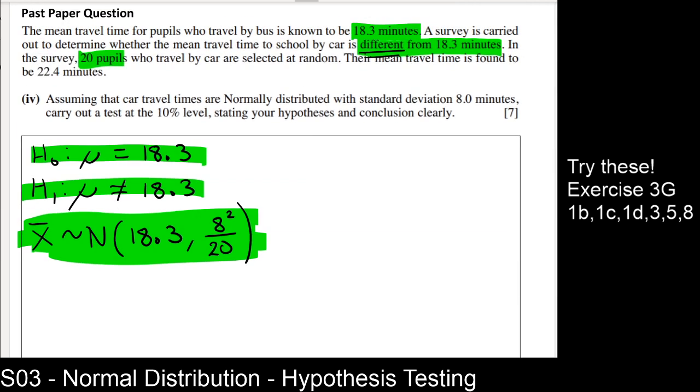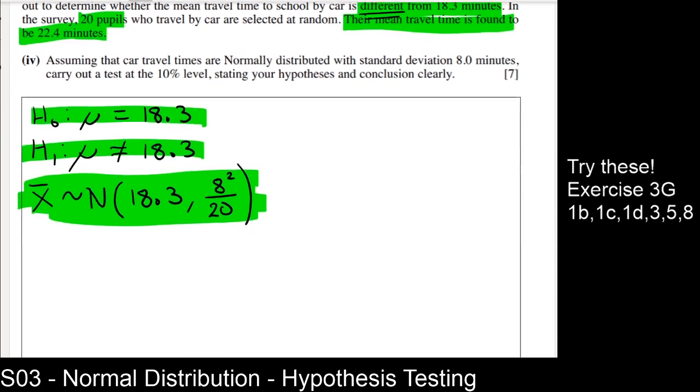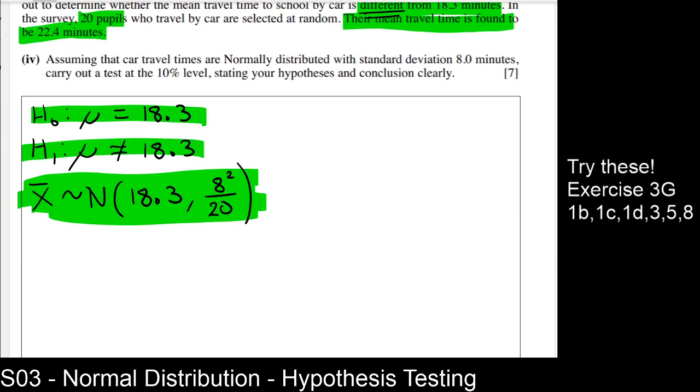Then we get told that in our sample, the mean travel time is found to be 22.4 minutes. So what we need to do is work out the probability that the mean is greater than 22.4.